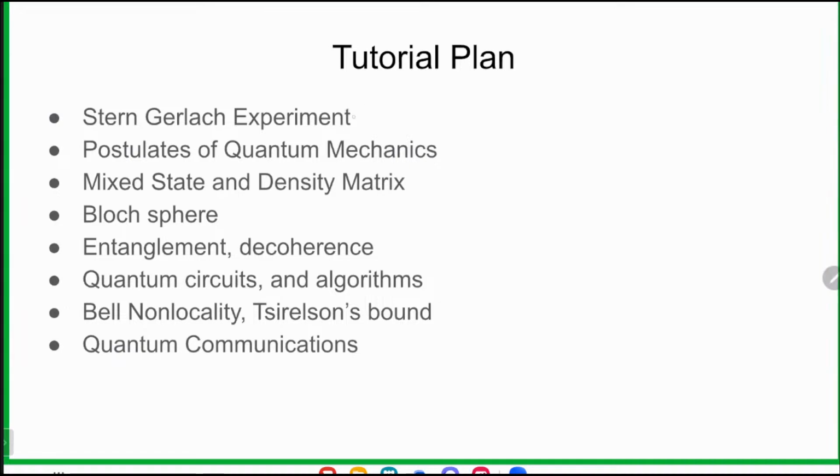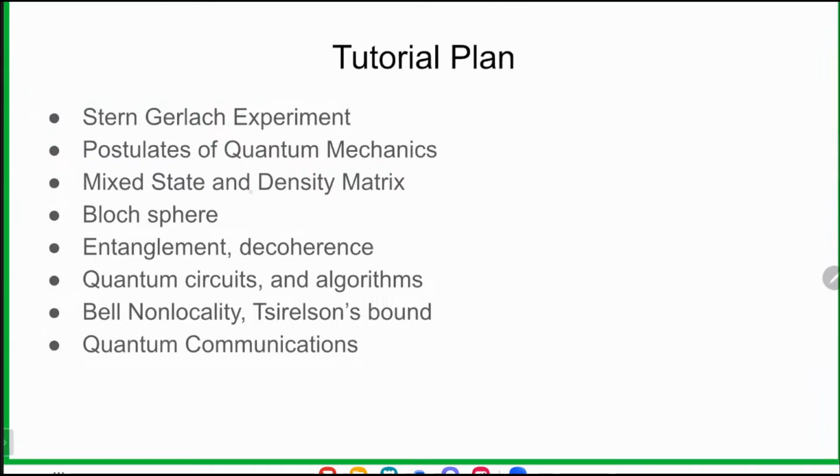We will start with the Stern-Gerlach experiment, and with the help of this experiment, we will try to see why quantum mechanics is needed in the first place, why classical mechanics fails, and then we will study the postulates of quantum mechanics, which are basically the ground rules which we accept, and from there we can see that the experimental results are getting validated.